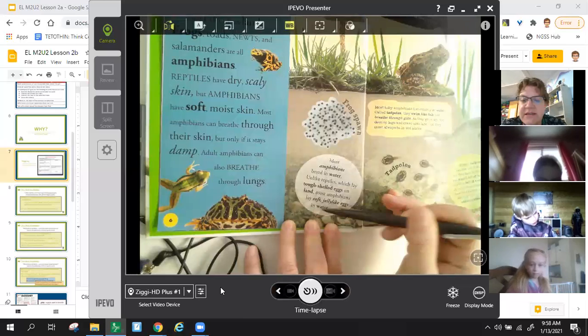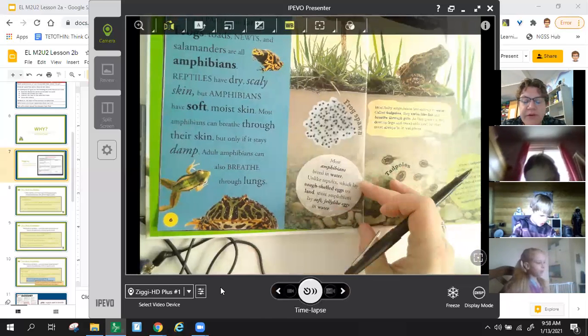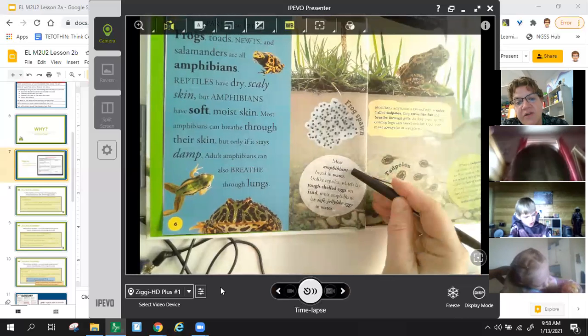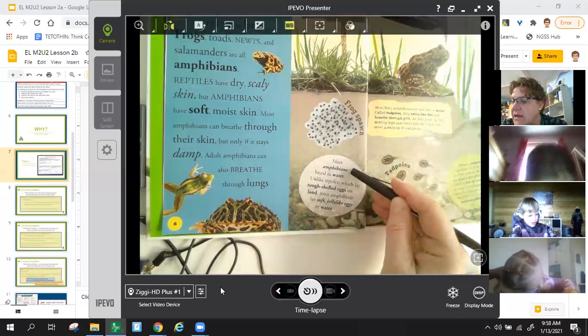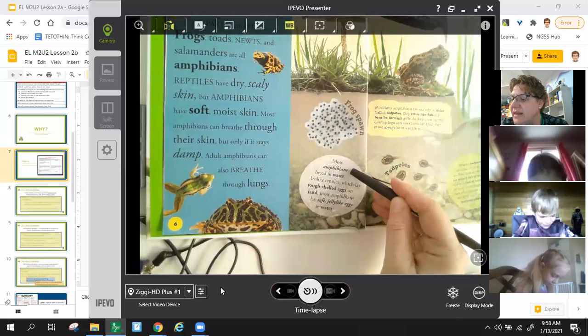And if you notice, in that little section we have both of those things that we were talking about as text features. You have your italics, which again are those words that are on that slant. So we have amphibians, and we have soft, jelly-like eggs.